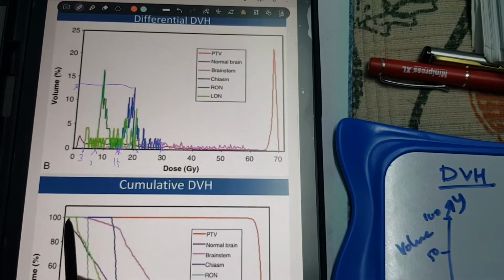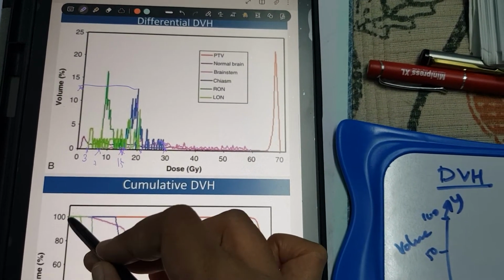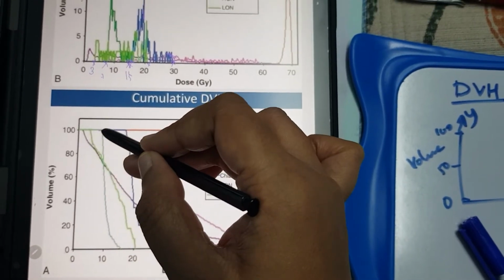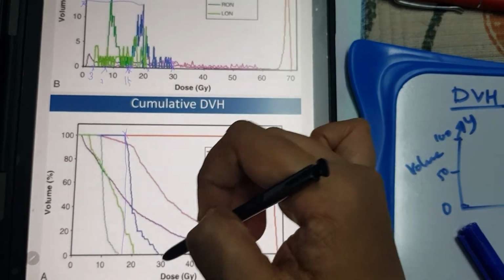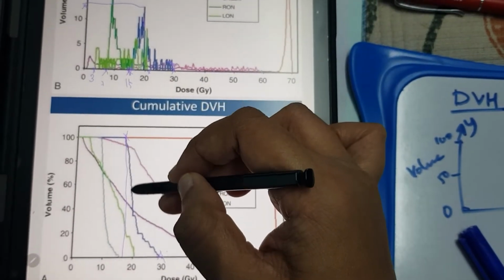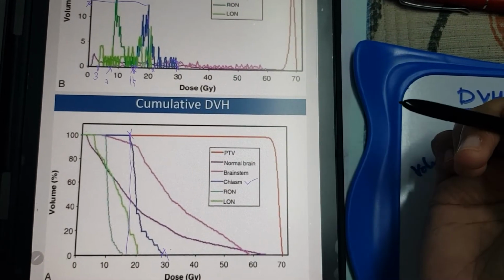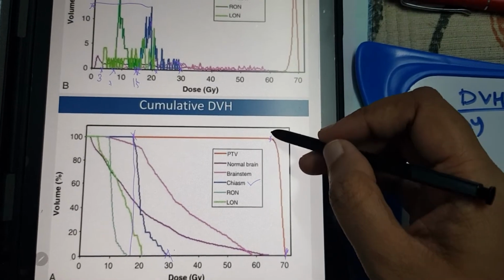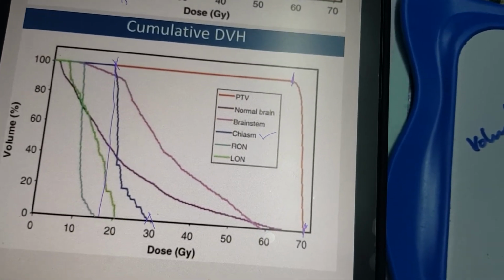Here also 100% of the volume receives zero dose, and then it goes from around 15 to 30. That's the graph for the optic chiasma. And the PTV is receiving so much. So this is the cumulative or integral DVH.